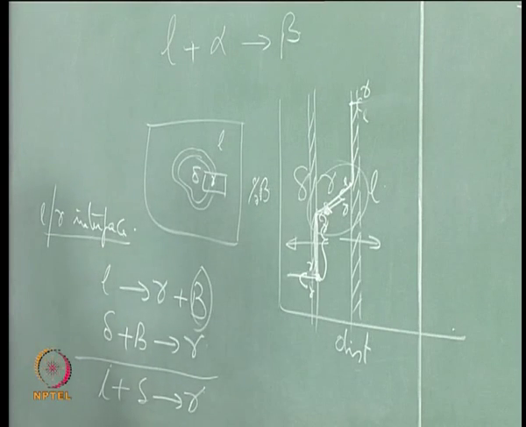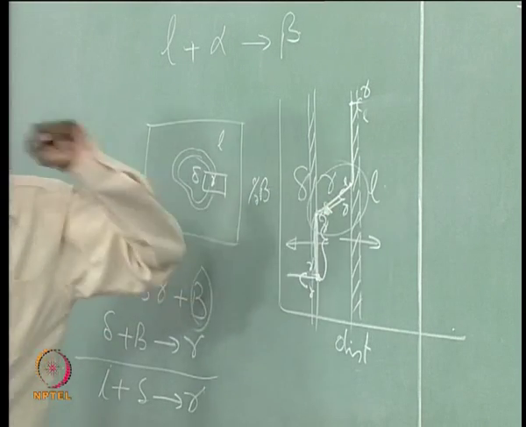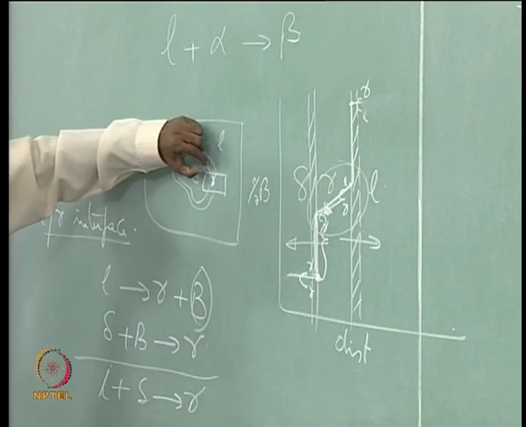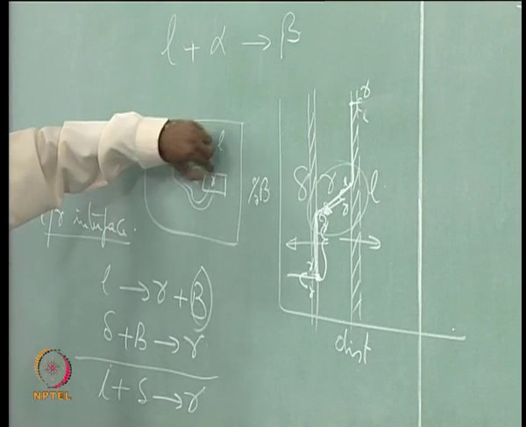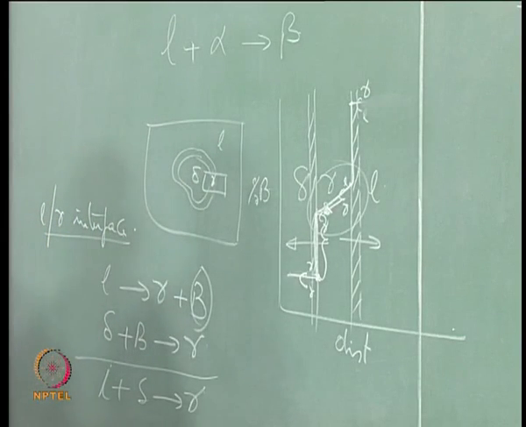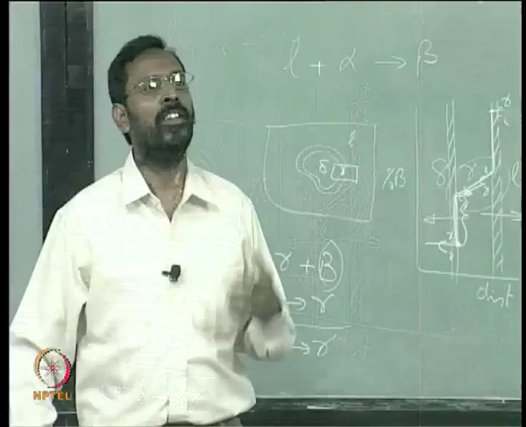And diffusion where? Diffusion inside that product phase that has formed. The diffusion is taking place inside the product phase, which is a solid phase, isn't it? And we all know diffusion through solids is more difficult.